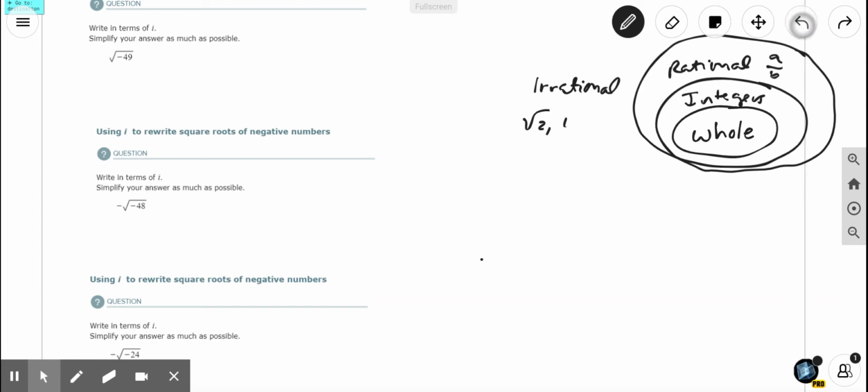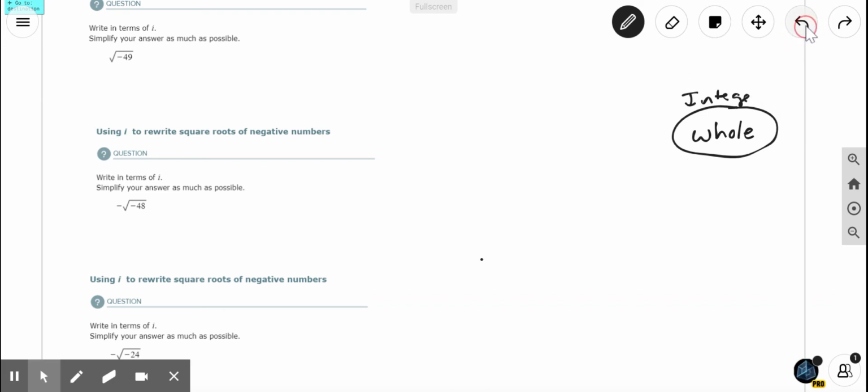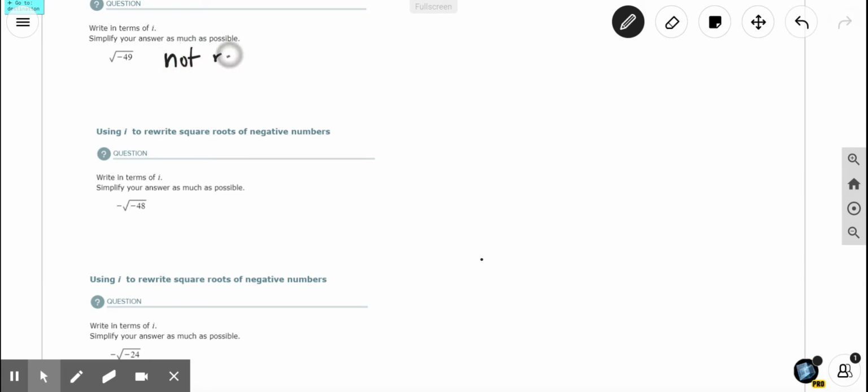Okay, so number systems, we are heading into imaginary numbers. The reason we had to do this is because remember when we were doing square roots before, you can't take the square root of a negative number, and we would just say, you probably don't remember this, but the answer you used to have to put for this is "not real."